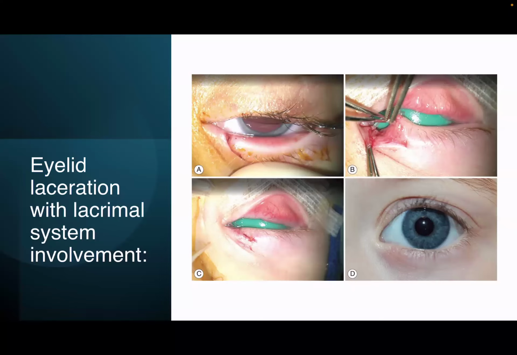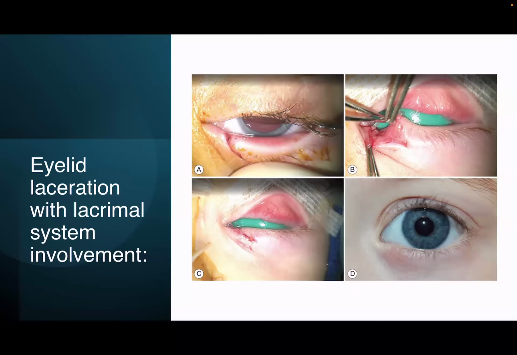If there is suspicion of canaliculus injury and you cannot see the canaliculus, you can inject viscoelastic fluid or use fluorescein and check whether the stain comes through. Then you have to proceed to repair the canaliculus, as in this picture.